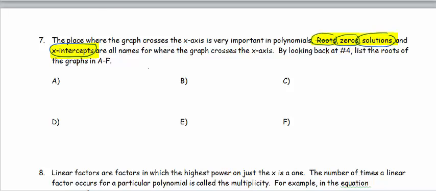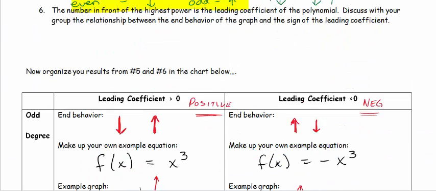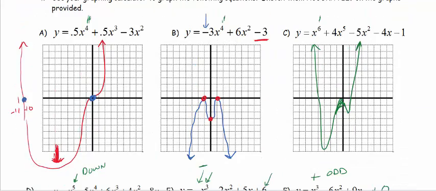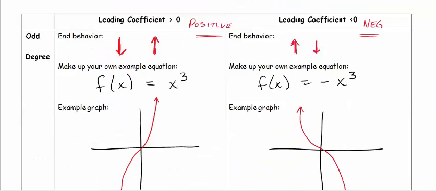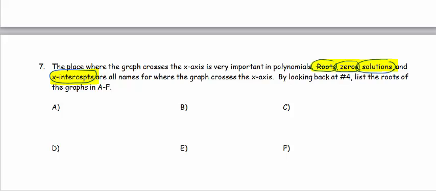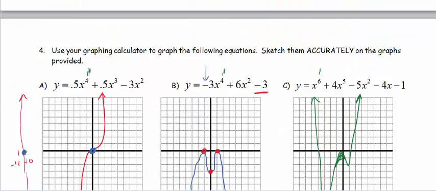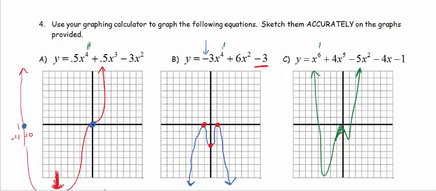So I tried to highlight a number of these in number 4, but let's flip back to them and look at where they cross. On A, I highlighted those in blue. It looks like they cross at negative 10 and at 0. At B, it looks like it crosses at negative 1 and positive 1.